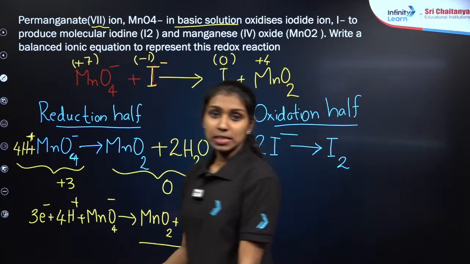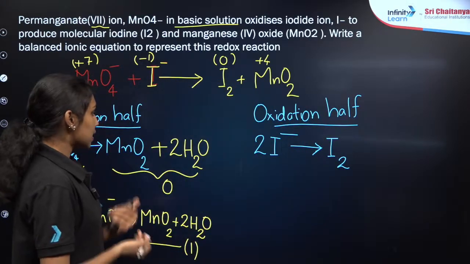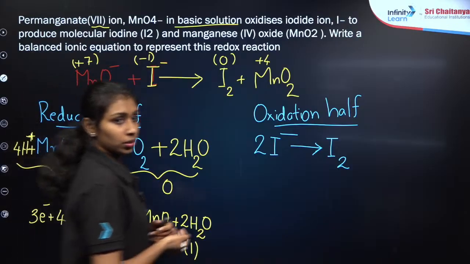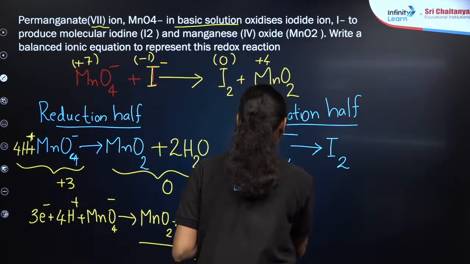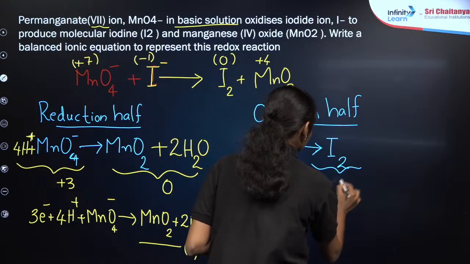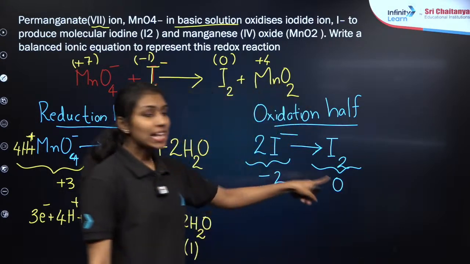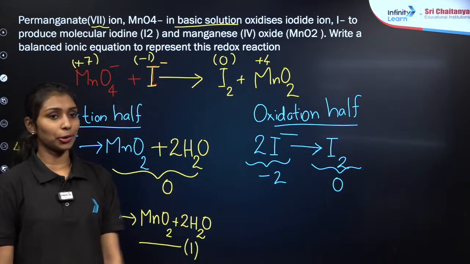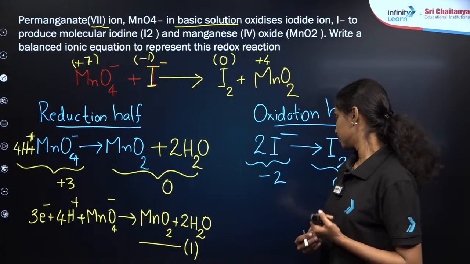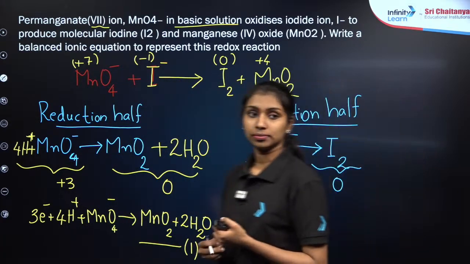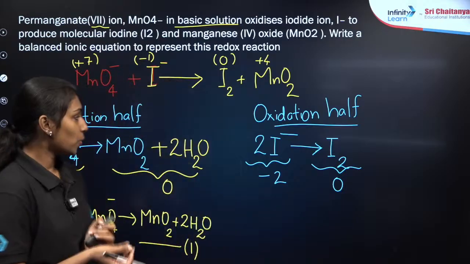Then, what is the next step? You have to balance the charge, right? Here it is minus 2, here it is 0. Which one is the maximum positive number? Minus 2 or 0?